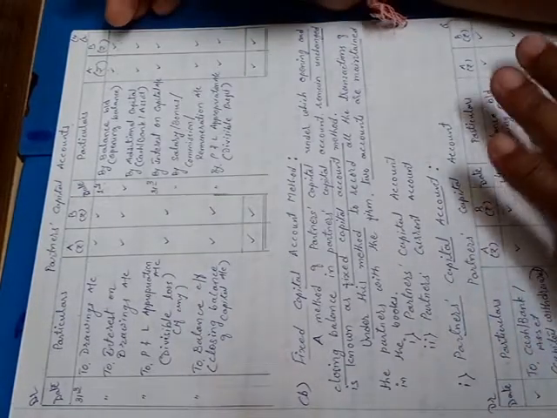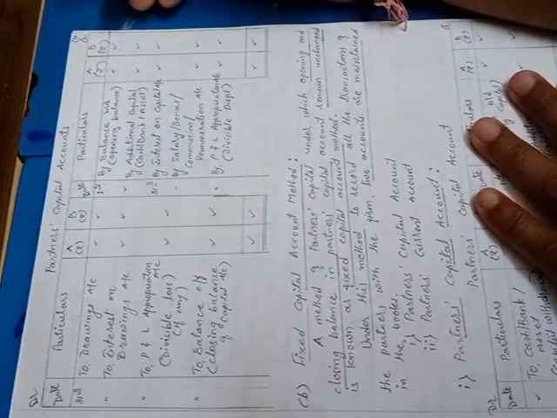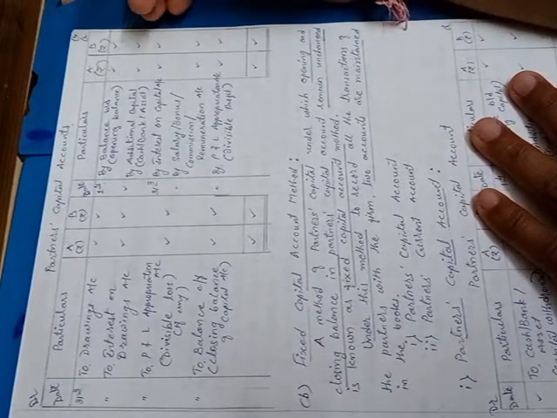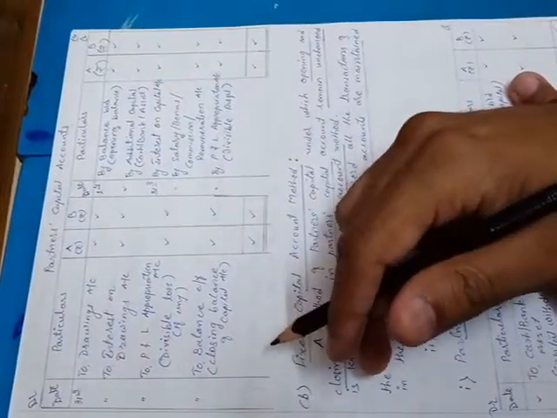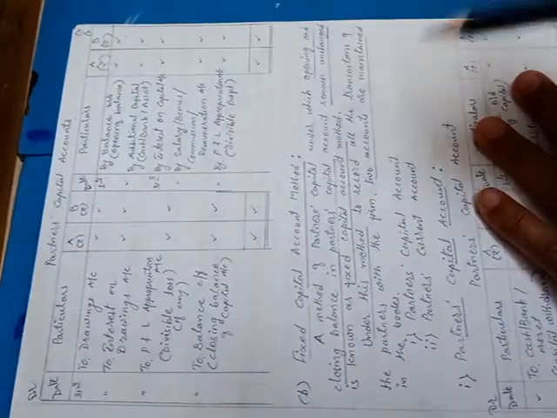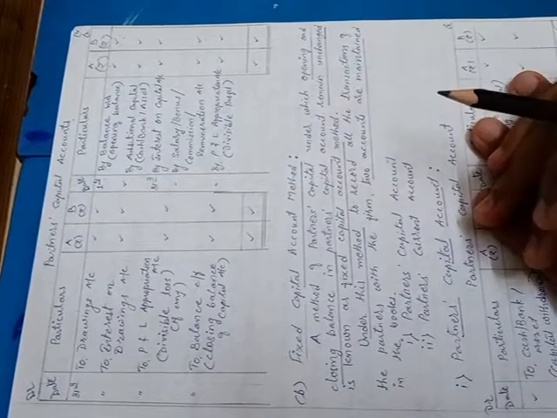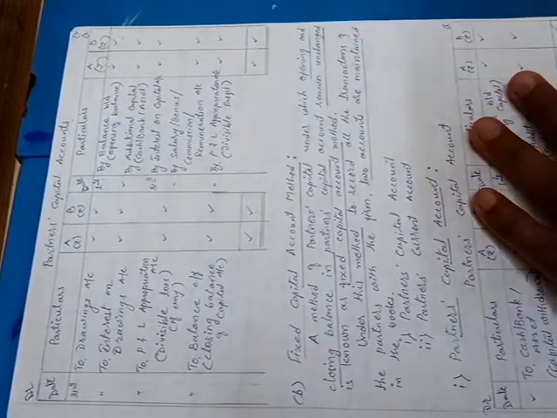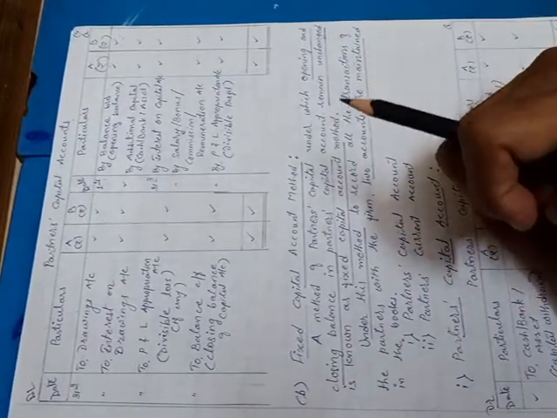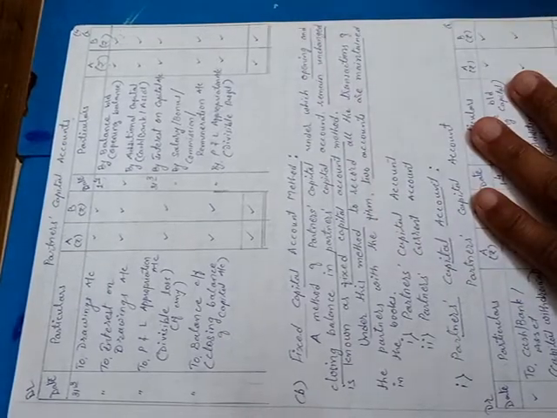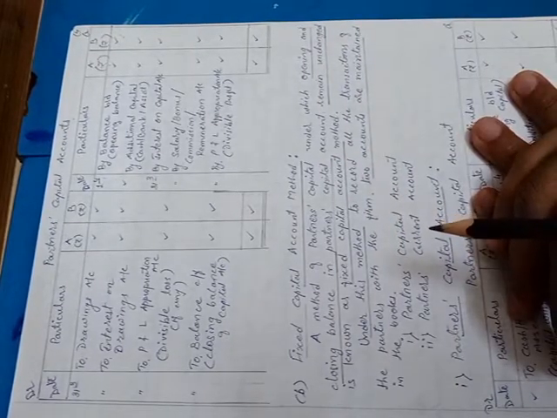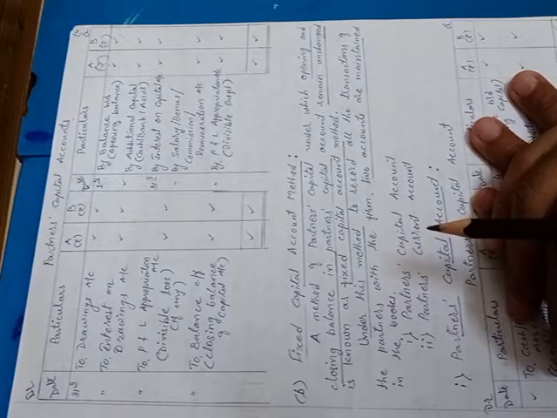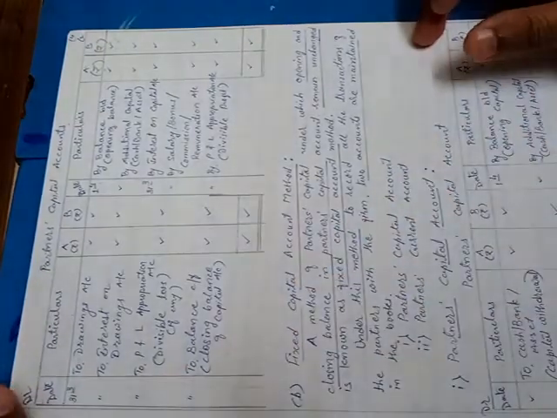Different transactions like additional capital brought in by the partner. When any partner brings additional capital, it may be either cash or any asset. So the journal entry we write is cash account debit or asset account debit, because cash comes in or asset comes in, and partner is the giver, so to partner's capital account. This is the normal journal entry we have. So the partner's capital account is credited for the additional capital brought, right?